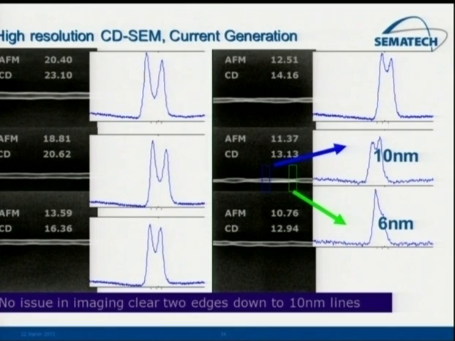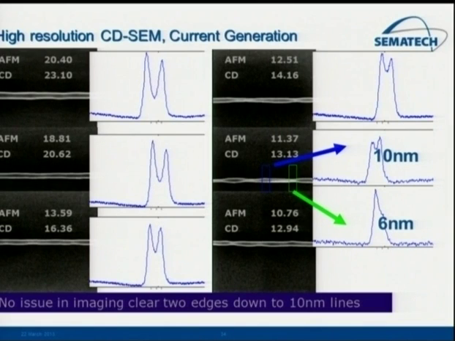Is it the full width half max of this? Is it some fraction of the full width half maximum? And so it becomes much more difficult at the point where we are today in semiconductor manufacturing, looking ahead to what might be the future techniques that we use to measure, say, a 10 nanometer line.